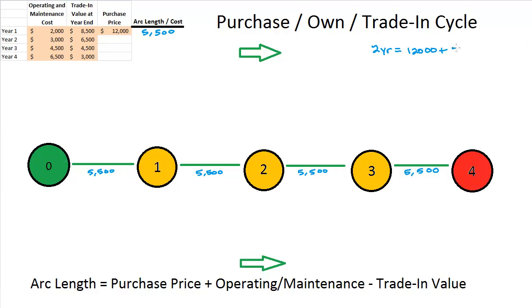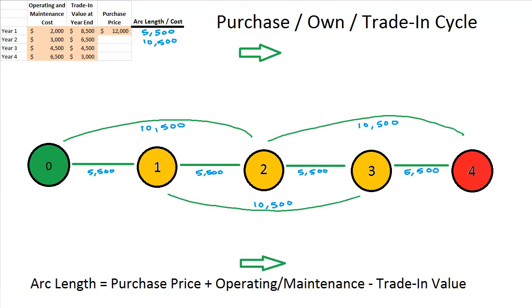So that's $5,000 minus the trade-in value, which is $6,500. Now if we add all that up, we have $17,000 minus $6,500, and that equals $10,500. So the cost of our 2-year arc is $10,500. So I'm going to go ahead and draw in those arcs, and then I'll be right back.